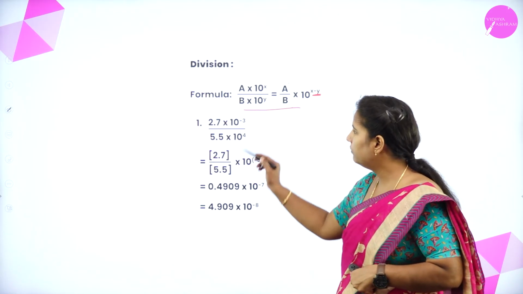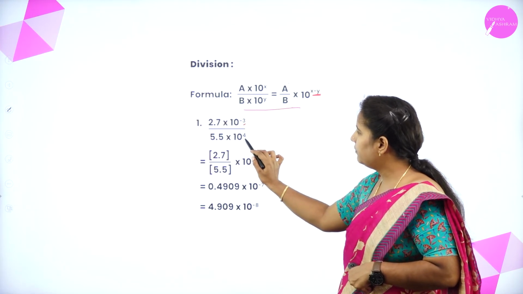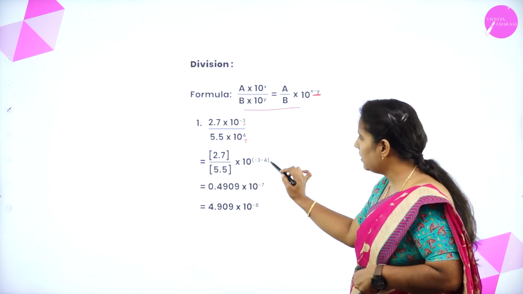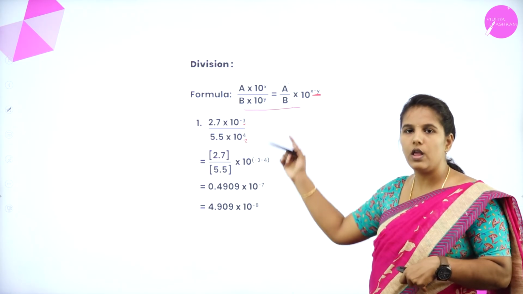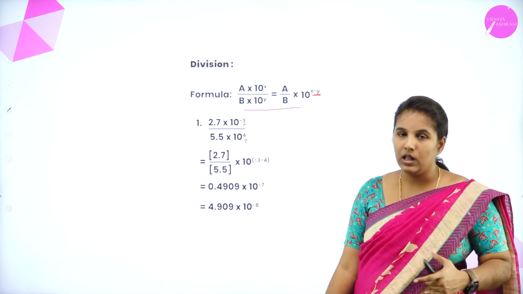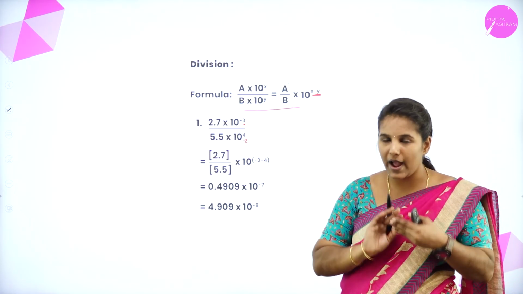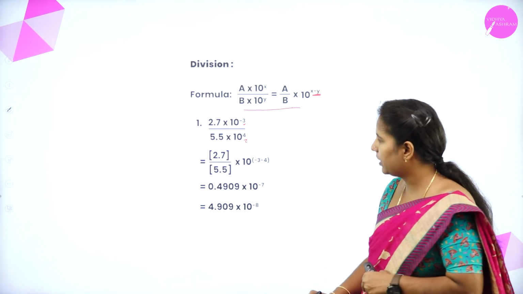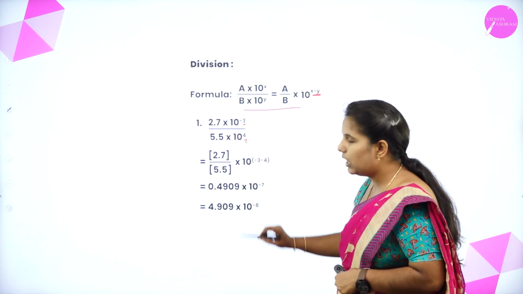First we have to identify the exponent: 10 to the power of minus 3 minus 4. Why is it minus 4? Because we have to subtract in case of division, while in multiplication we add the exponents. Then divide the coefficients.